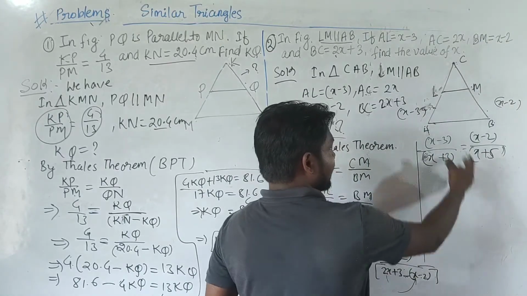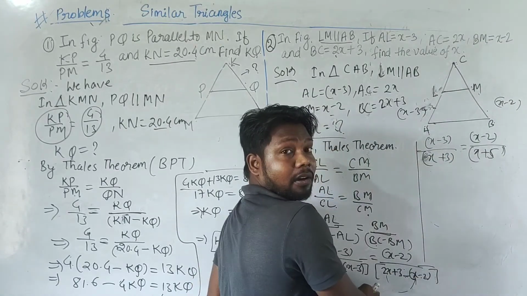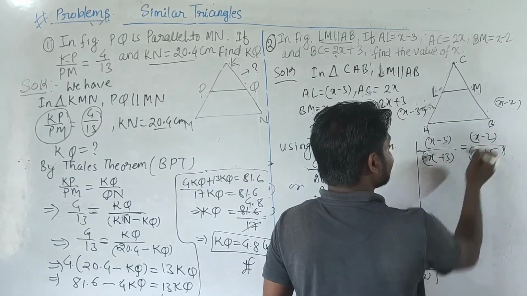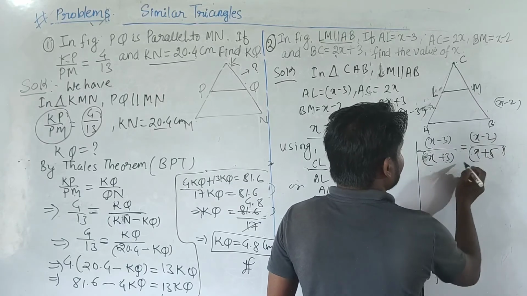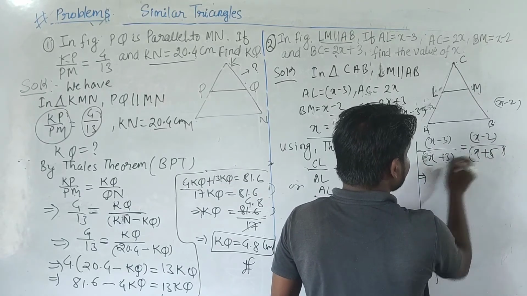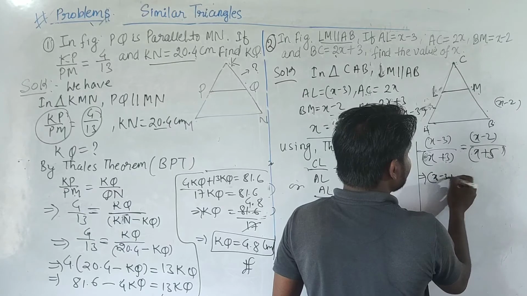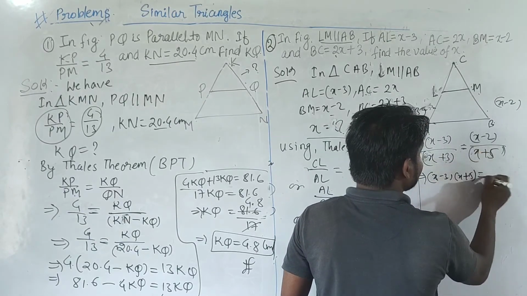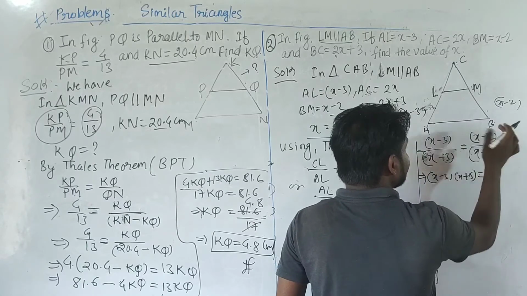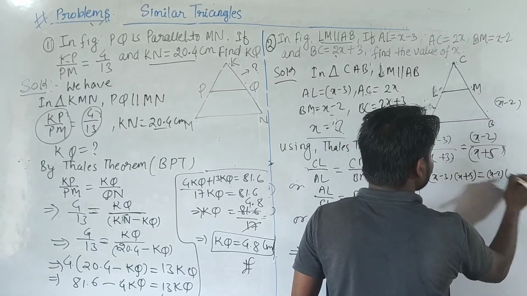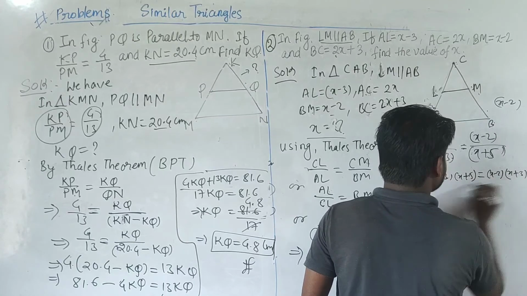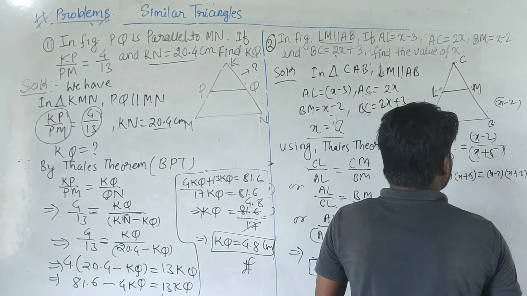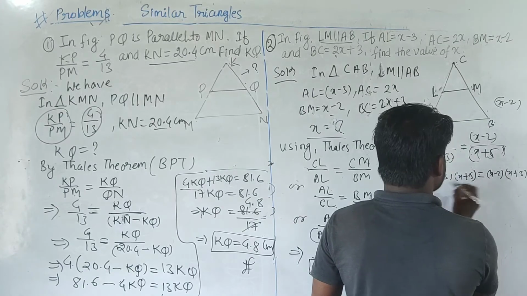On cross multiplying, x minus 3 into x plus 5 is equal to x minus 2 into x plus 3. Now solve it.